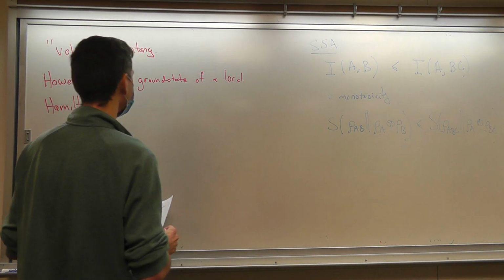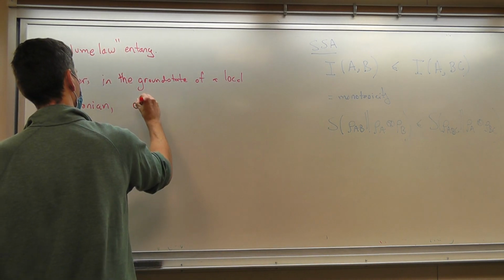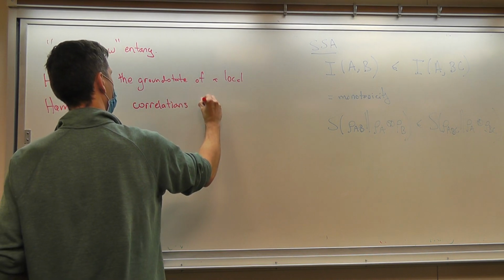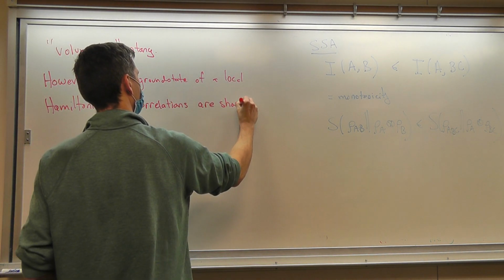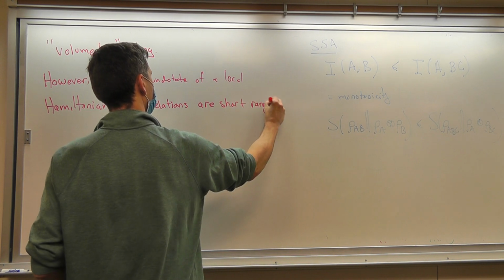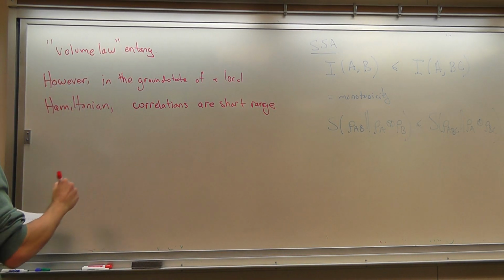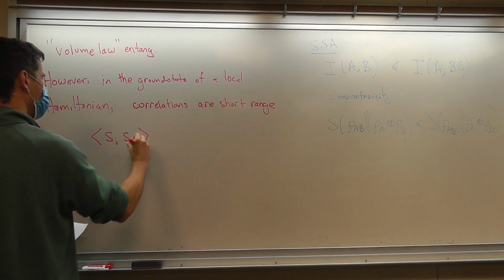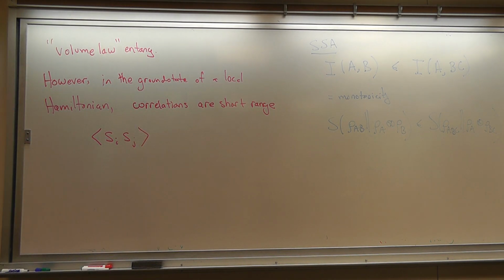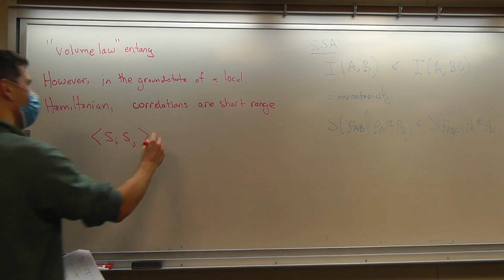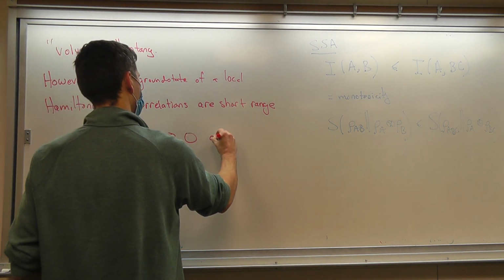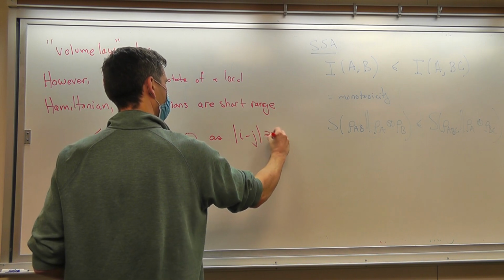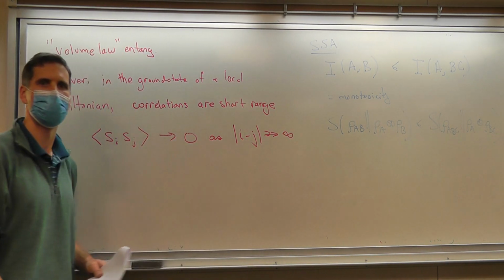So in the ground state of a local Hamiltonian, correlations are short range. Meaning, if you calculate some correlation function of operators on sites i and j, then this will go to 0 as i minus j gets large.